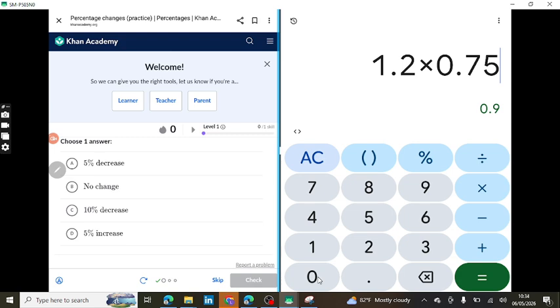If our final answer is 0.9, which is 90%, it means that 10% is missing. Is it not that 10% is missing? You click on it and check.